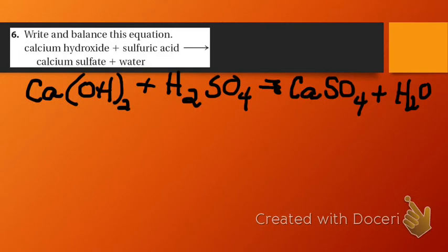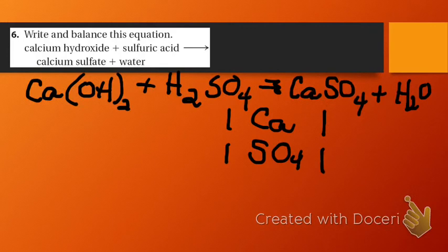Okay, so now I'm going to start counting my atoms. I'm going to start with calcium. Okay, I have 1 on the left, 1 on the right. Next up is my sulfate ion, polyatomic ion. I have one on the left and one on the right. So far, so good. Next up, let's check hydrogen. I have 2 on the left in the calcium hydroxide, and I have 2 more in the sulfuric acid, so a total of 4 on the left.